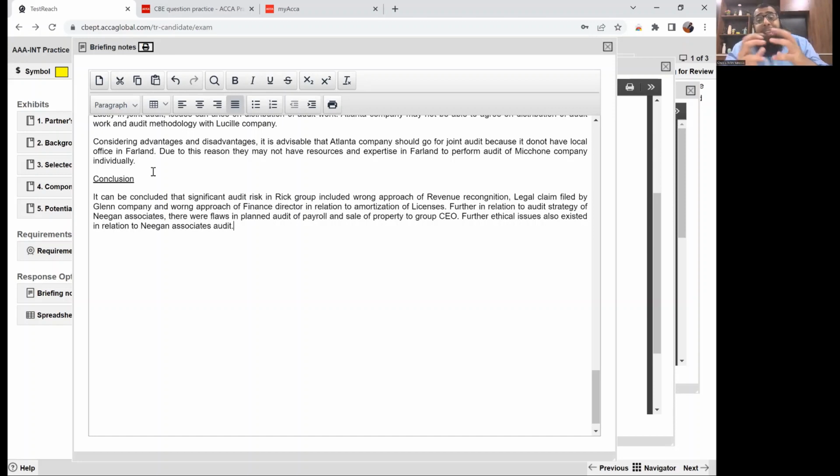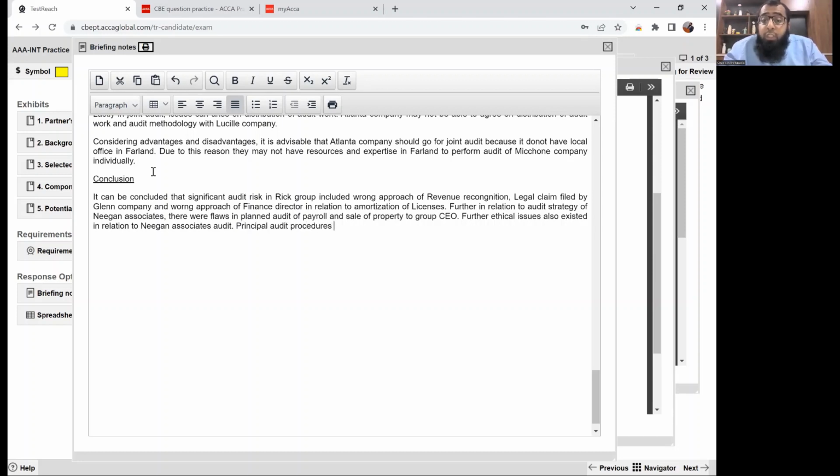Okay, so basically we are concluding each of the requirements. We are picking key points. The first one was audit risk, so I refer to the most significant risk. Then I move towards the audit strategy. Then the planned audit procedures, principal audit procedures, I would say.